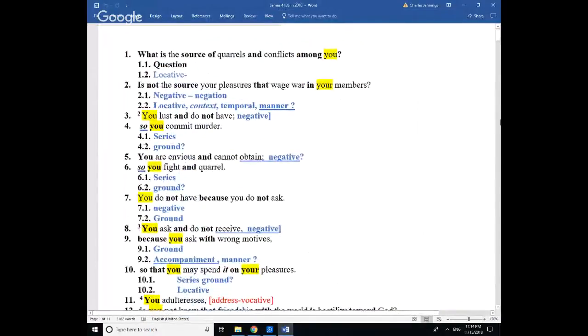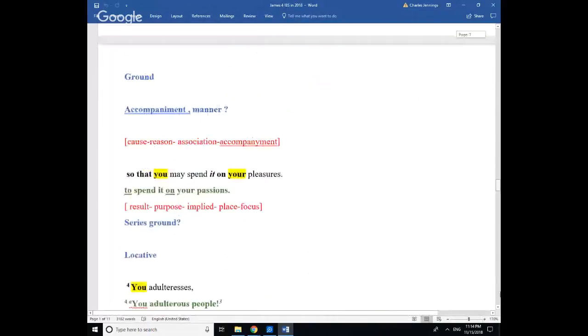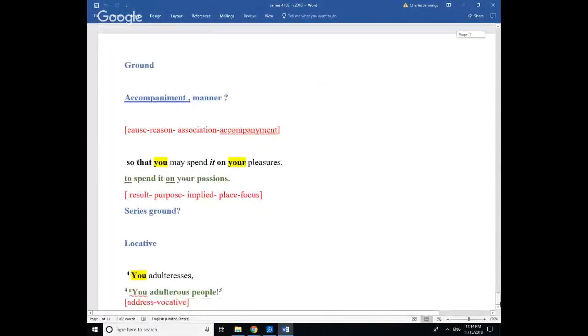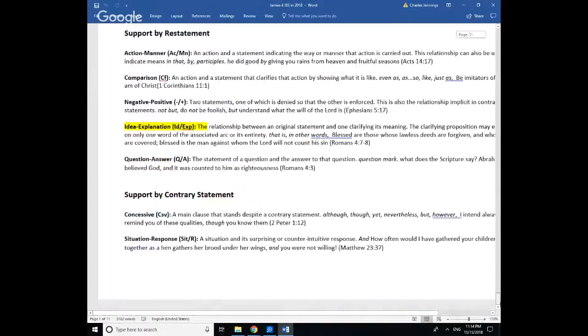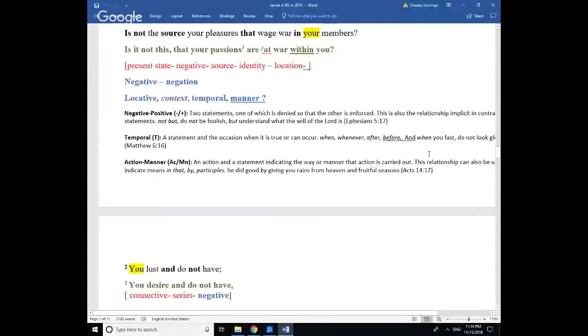So let's back up and look at what we saw last time. We had this big mess last time we went through this.